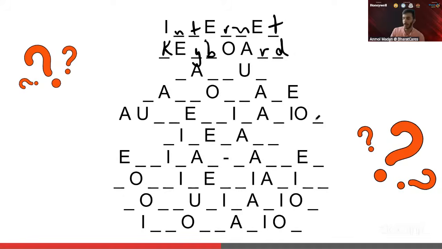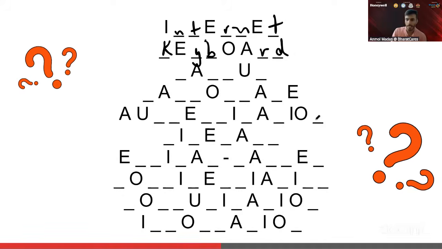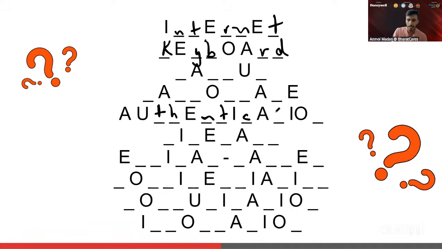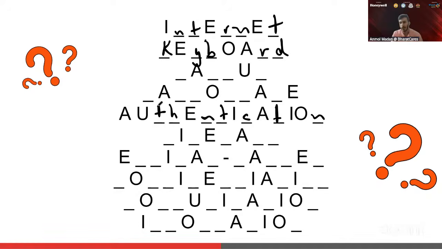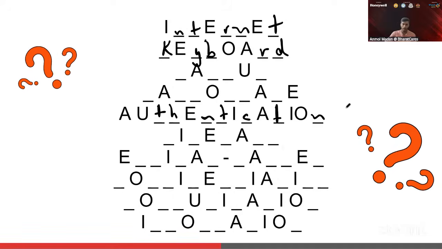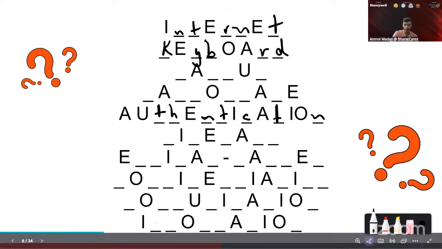Okay, fifth one everyone has solved. Okay, authentication. Authentication. Perfect. But we are still left with the third one. Last one is information, okay?